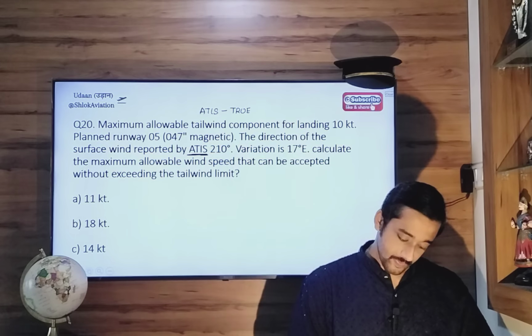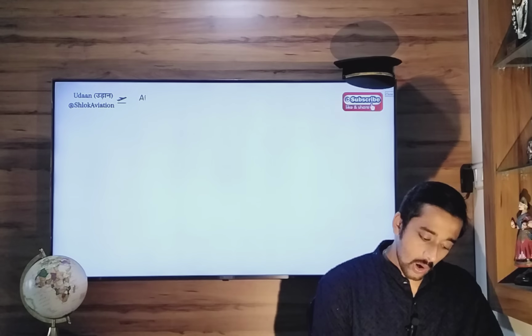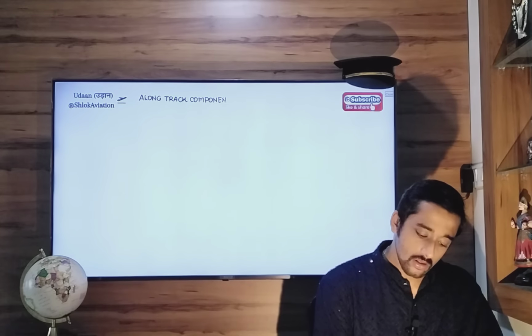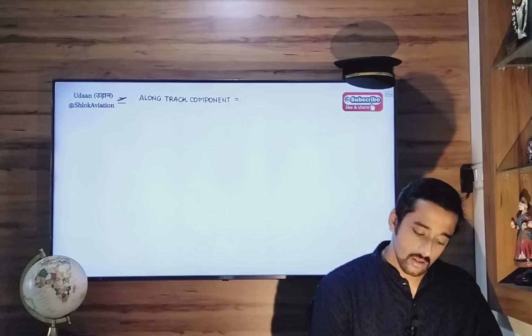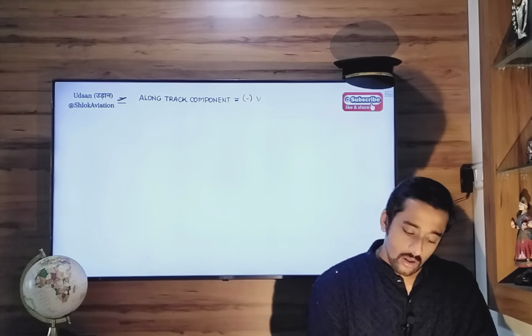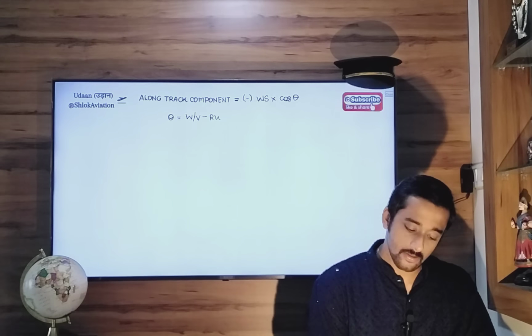Okay. So the formula for along track component is minus in case of headwind, wind speed into cos theta. Theta equals wind direction minus runway direction.